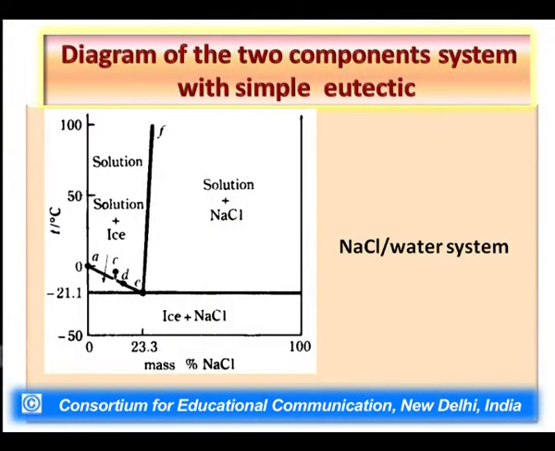That is basically the composition of the whole mixture, that is 23.3 mass percent sodium chloride, which we had already made. So, such a mixture would continuously remain at equilibrium once a temperature of minus 21.1 degrees Celsius is reached.